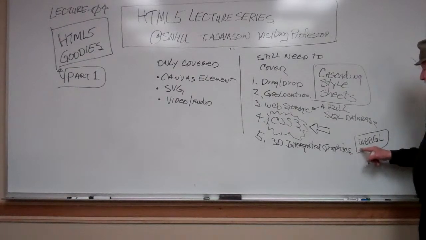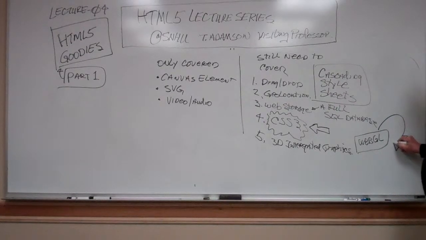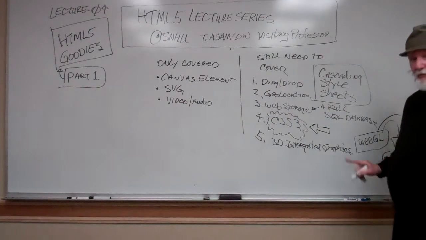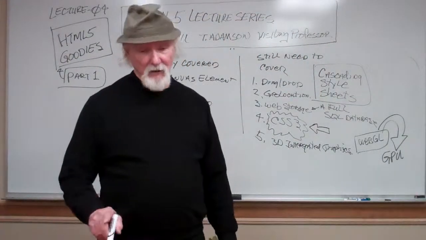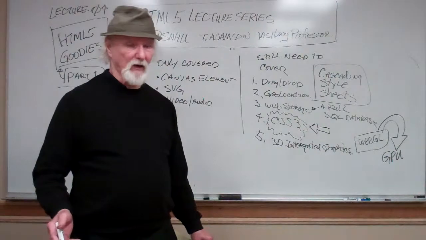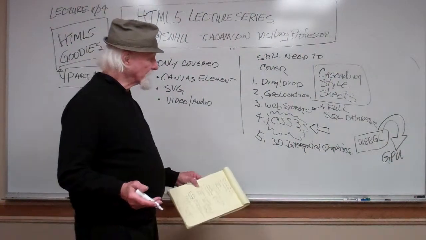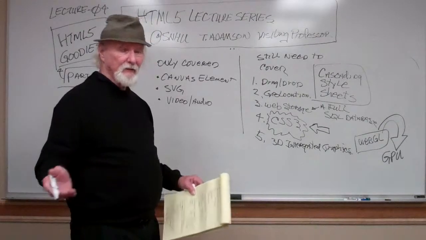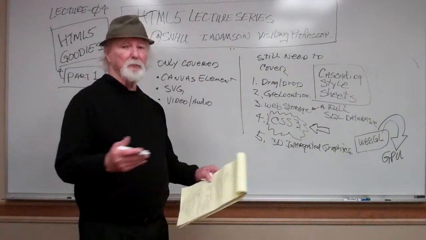What WebGL does, this allows the browser to go directly to my GPU. Not CPU, GPU, my graphical processing unit, which many times contains several microprocessors and is a lot more powerful than my CPU. So what I can do now, I can do what high-end computer games are able to do, but I can do it through a browser without a plugin.